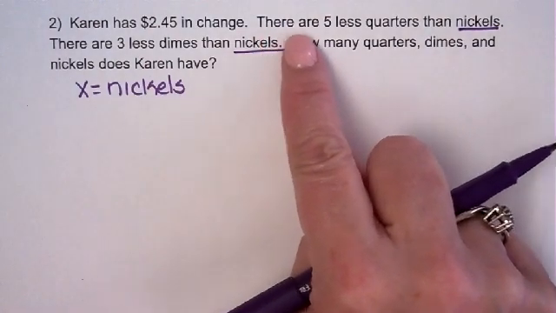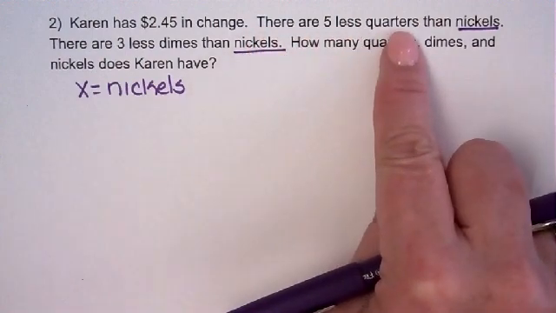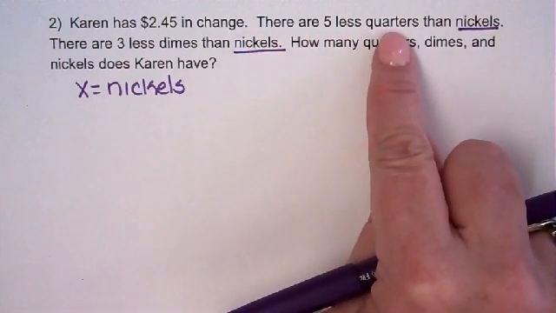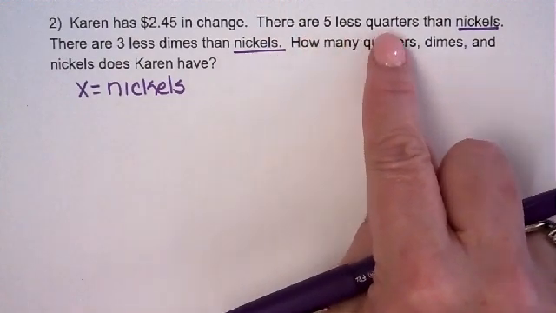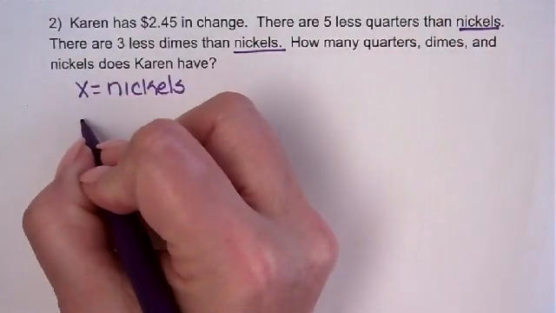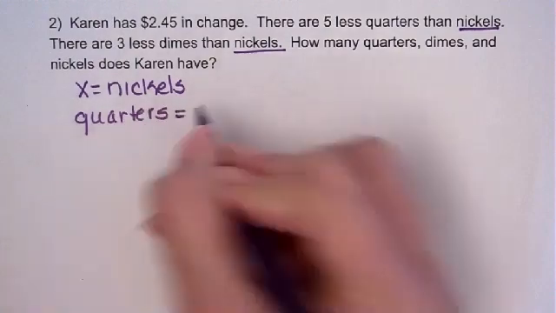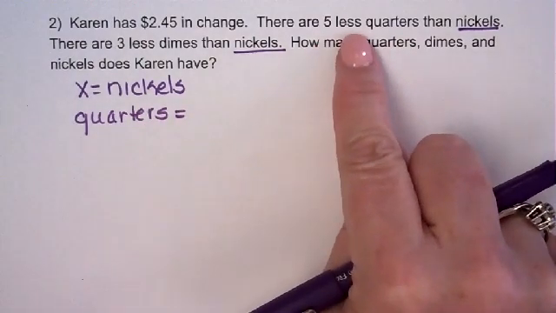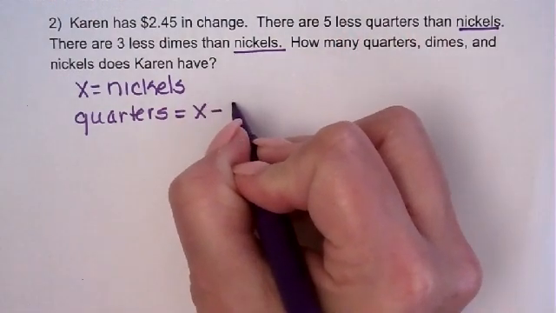Because the second sentence in my problem gives me the relationship of how many quarters I'm going to have, because it says there are 5 less quarters than nickels. So I know my quarters is going to be 5 less than. So it's going to be x minus 5.